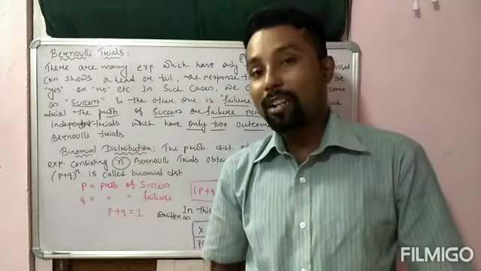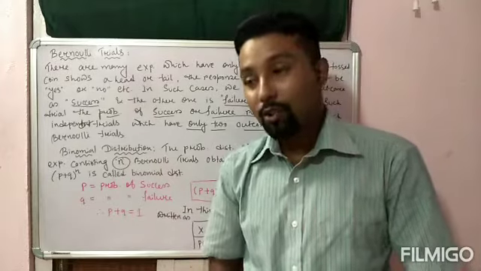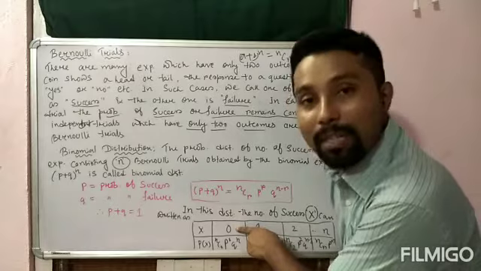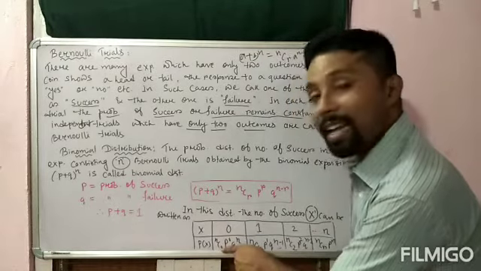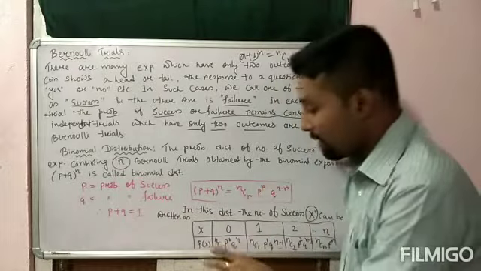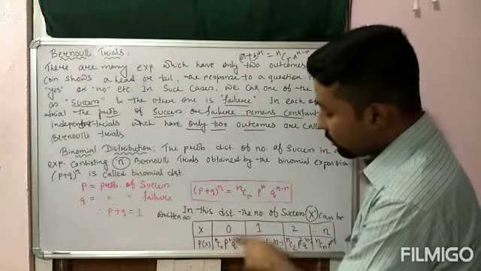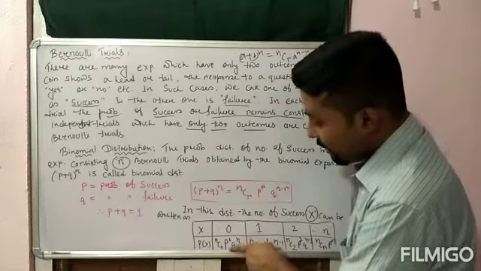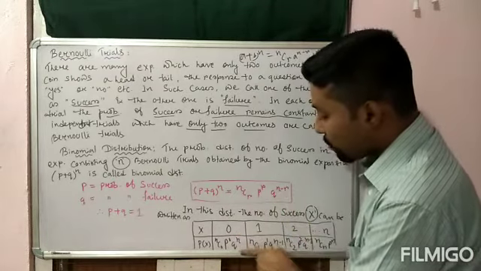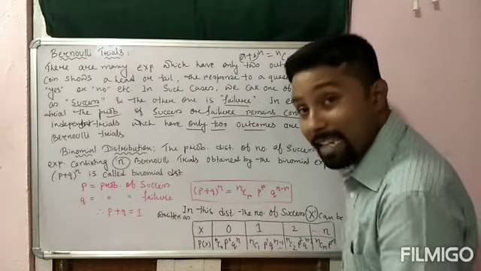So in that case you have to consider x is equal to 0, right? So when x is equal to 0, that means the value of x is 0, मतलब r का वैल्यू 0 है. Yes, that means there is no head. So nC0 p to the power r, since r is 0, p to the power 0 into q to the power n minus r. So q to the power n minus 0 is n.